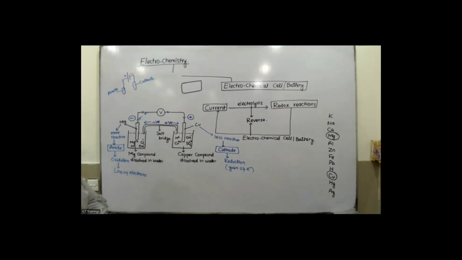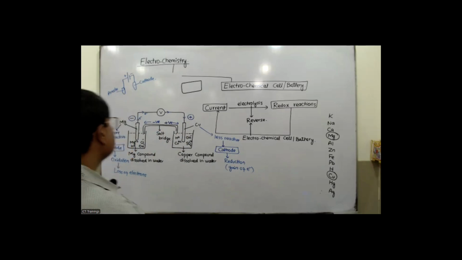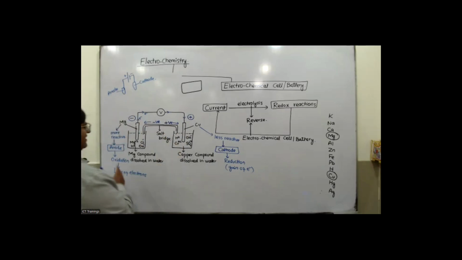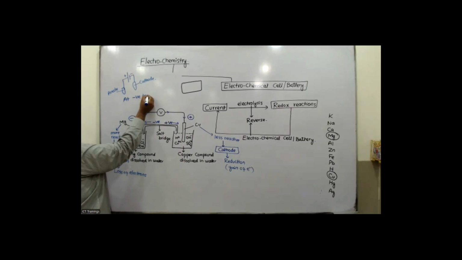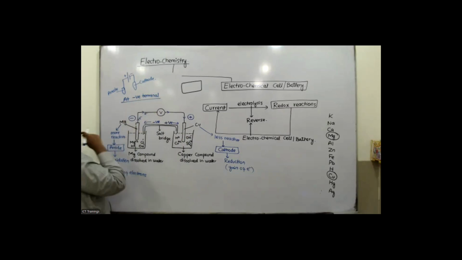Okay, now this whole thing is the battery. How does this battery work? Have a look up here at the negative terminal. At the negative terminal, what would happen? This negative terminal is made up of magnesium atoms.